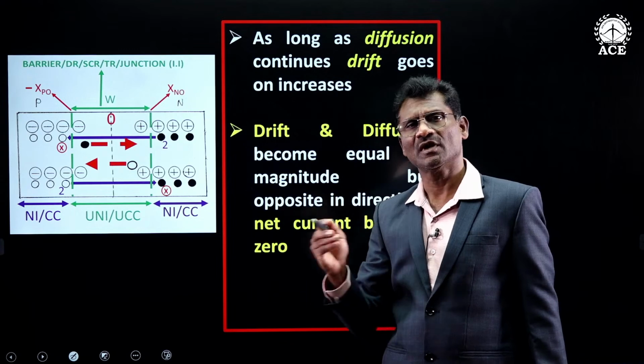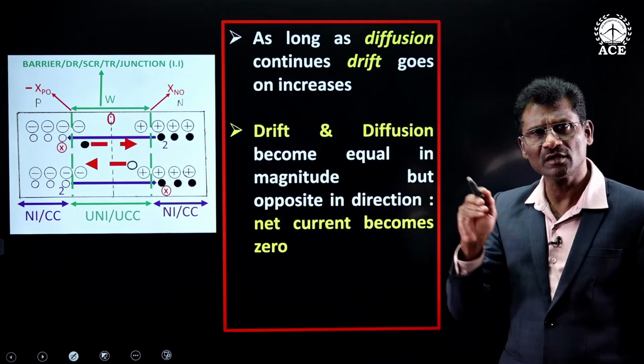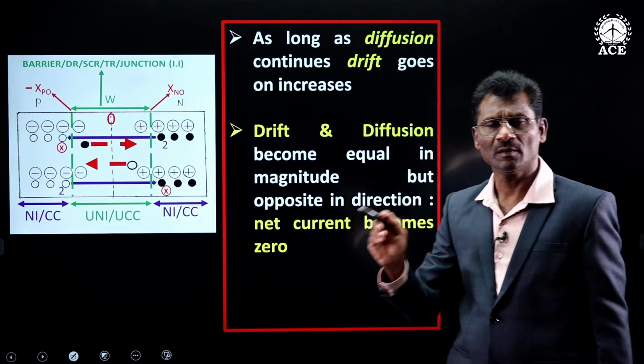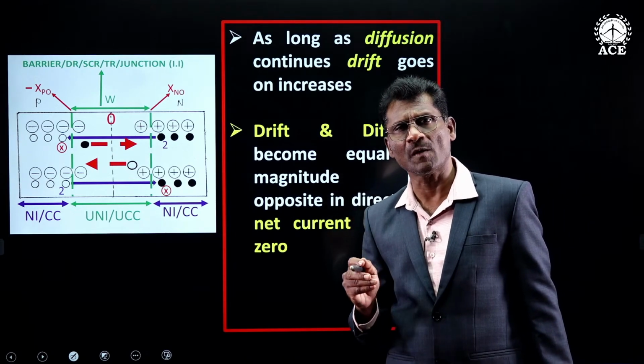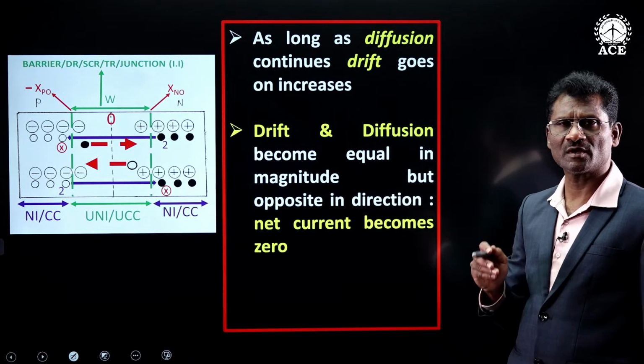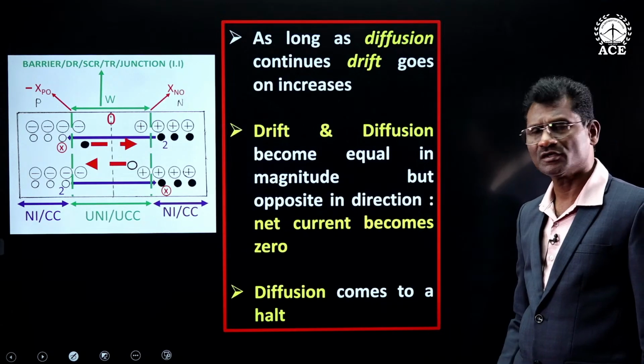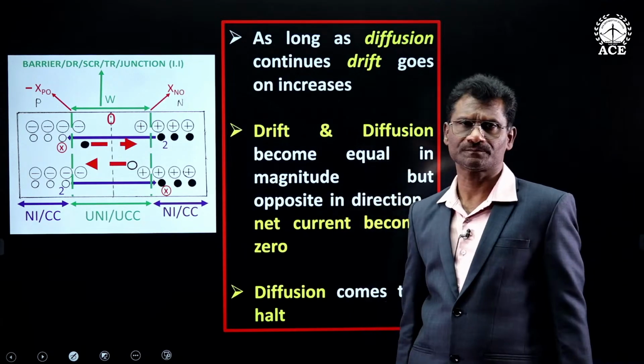At some time, drift and diffusion will become equal in magnitude, but since they are opposite in direction, net current becomes 0. Net current becomes 0 means diffusion comes to a halt.